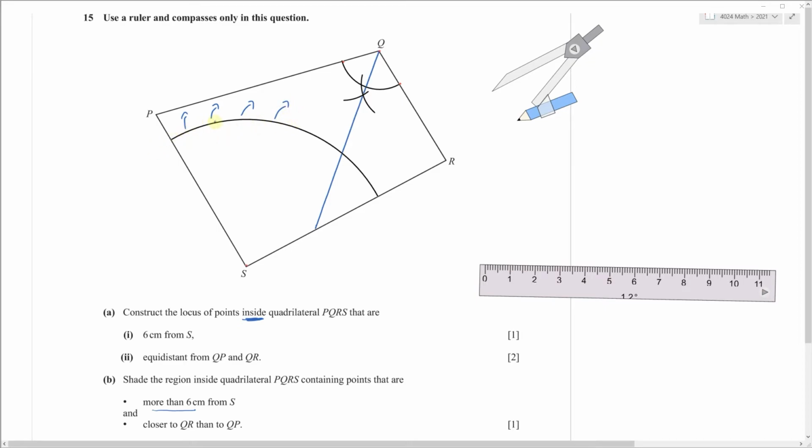Because this arc is 6 centimeters from S, any point further away will be more than 6 centimeters from S. And the other condition is closer to QR than to QP, so closer to this line compared to line QP. We know that all the points on this blue line have the same distance from line QP and line QR.